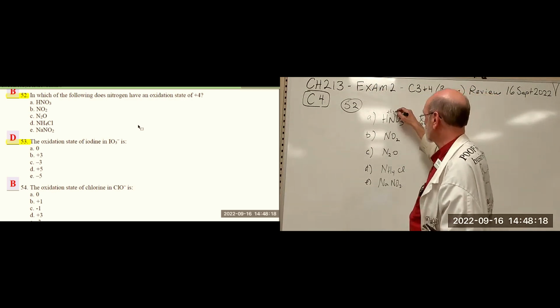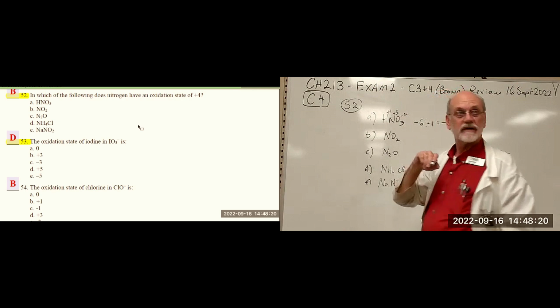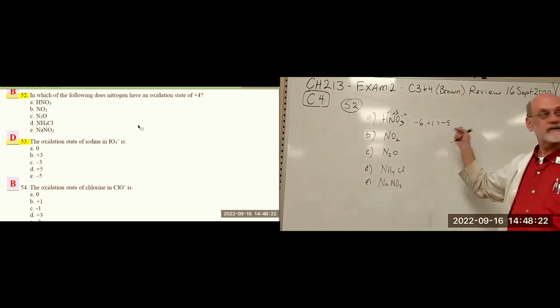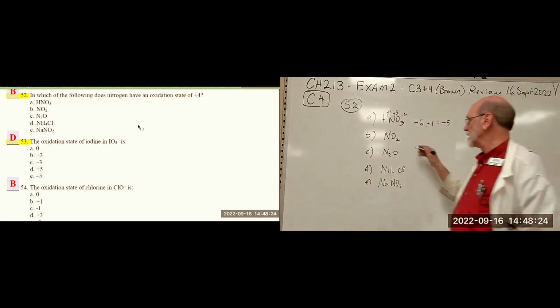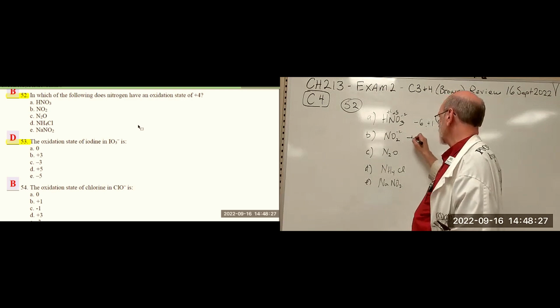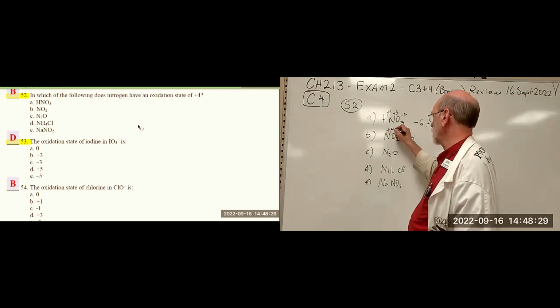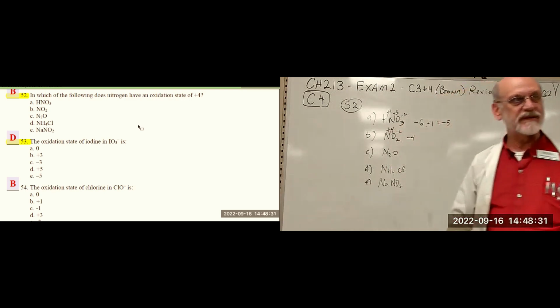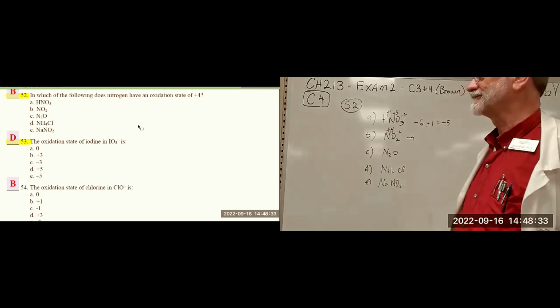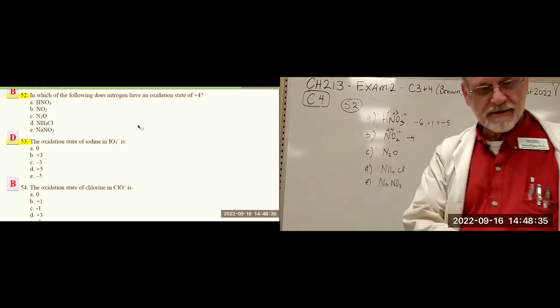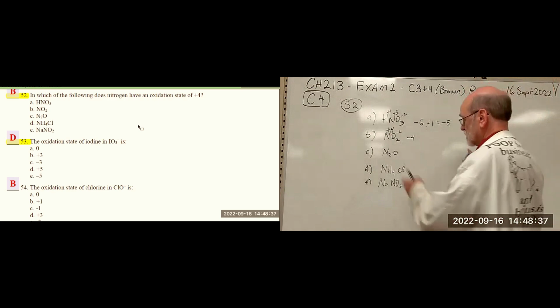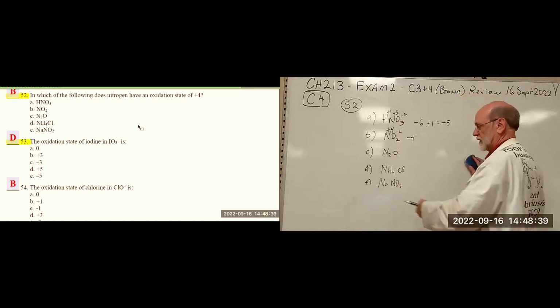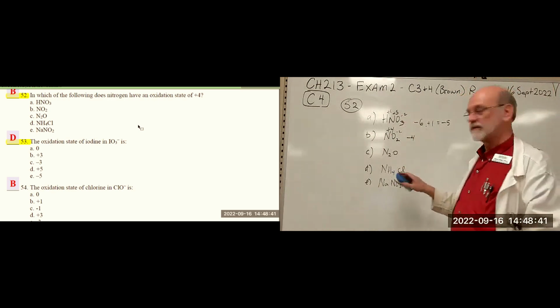That means this nitrogen has to be a +5 to balance that -5. Okay. This one's -2, which means -4. So this one has to be a +4. There's our answer. B is the answer. But you do the same thing. They're all neutral. So they have to add up to 0.